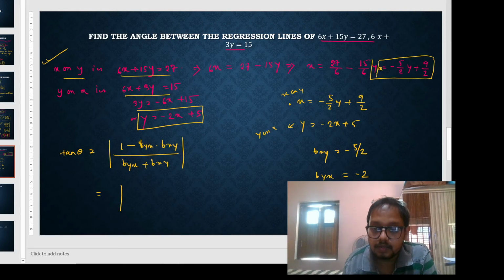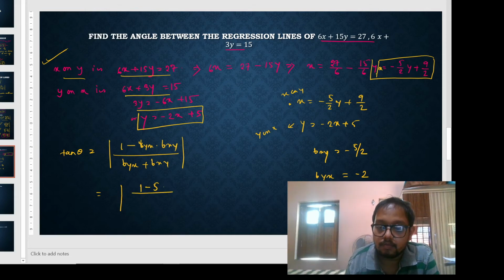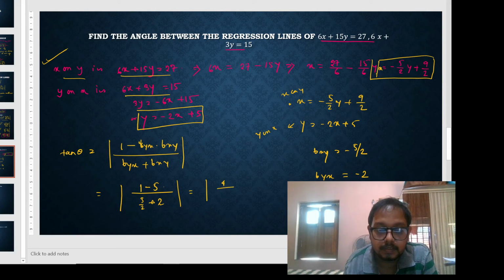That is 1 minus (minus 5 by 2 into minus 2), divided by m1 plus m2. Here it is minus, so we get 5 by 2 plus 2, which is 9 by 2.